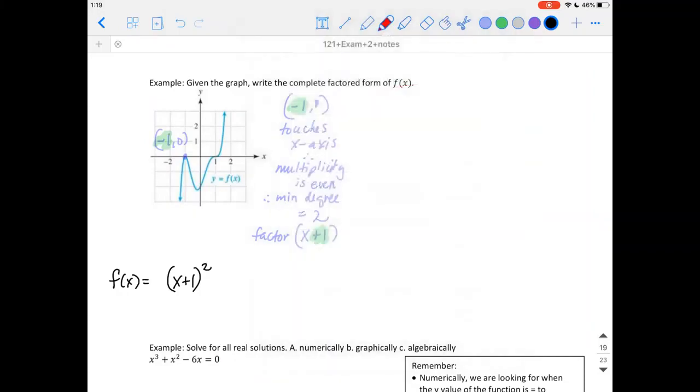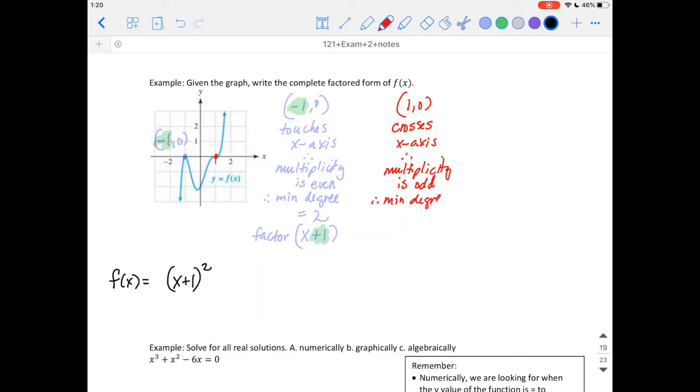Taking this really slow. And if it's again too slow, fast forward me. So here on this one it's going to be 1, 0. And this one crosses the x-axis. Therefore, the multiplicity is odd, excuse me, sorry.